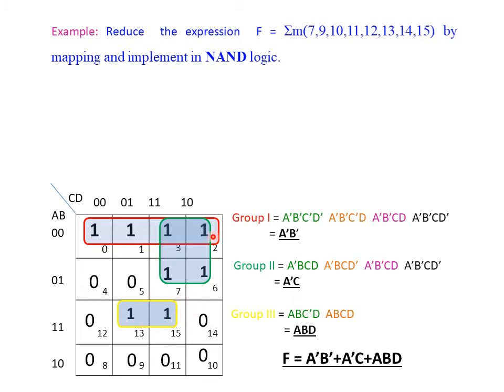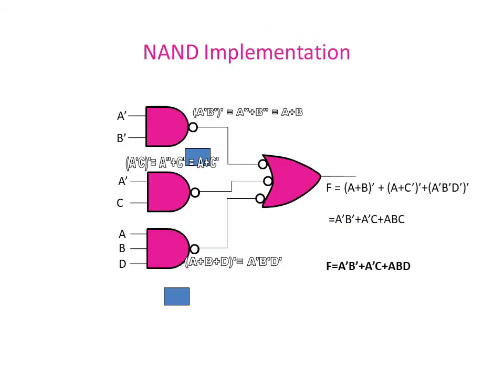Now group 1 has A bar B bar, and group 2 has the common A bar and C. Now the yellow color cell grouping is AB. The common between these two is D. The final expression is this one. Now this is the NAND logic implementation circuit.